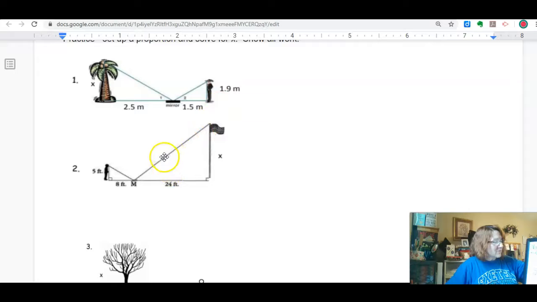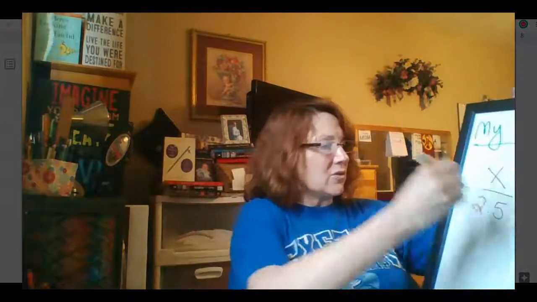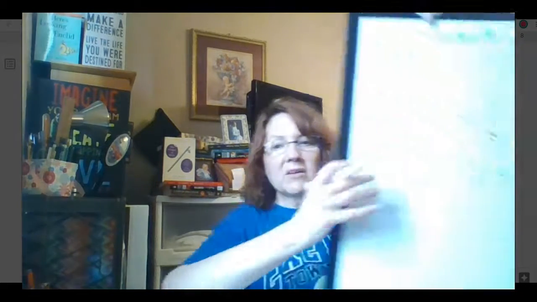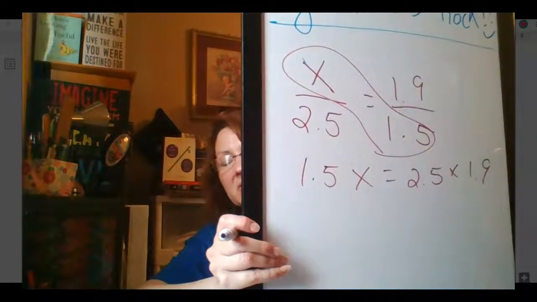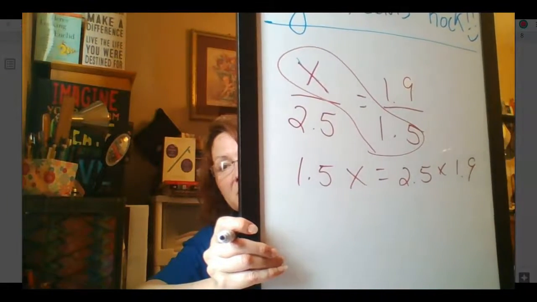All you have to do once you get that proportion is solve for x. So how do you solve for x? Well, you cross multiply. You'd multiply these two and get 1.5x equals 2.5 times 1.9. So 2.5 times 1.9, you get a number, and then you divide by 1.5. That's how you would do that problem.